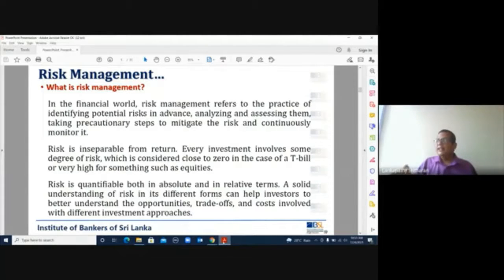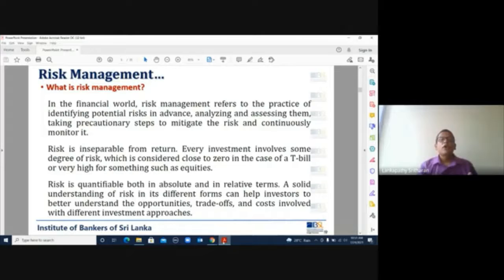If you invest in treasury bills and treasury bonds, of course, there is no default risk, but there will be an interest rate risk. They have to mark to market, then based on the interest rate adjustments, the fair value will change.